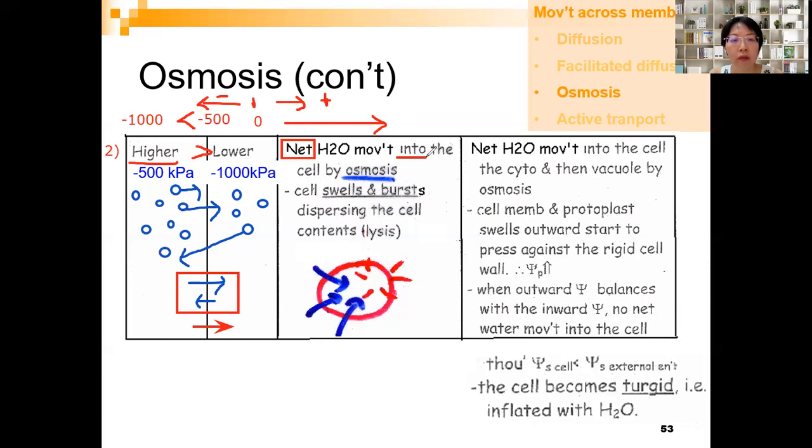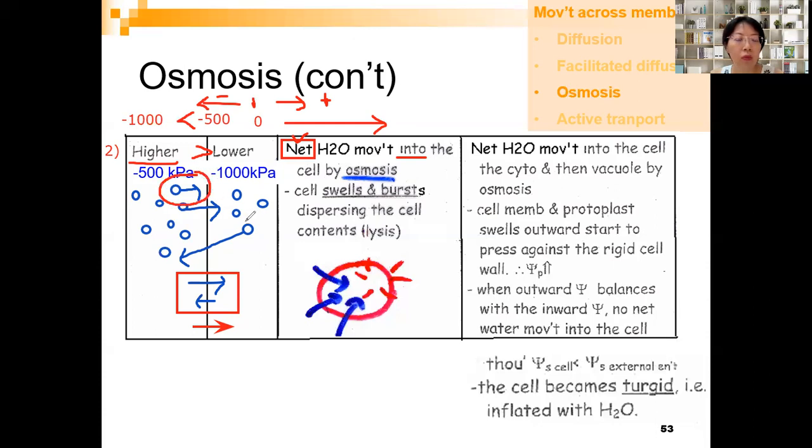Understand? Can you see the difference between when you use the word net and when you don't use the word net? Using the word net means overall, from left to right and right to left. So when you say there are water molecules moving into the cell, you are not saying net, you're only saying this direction.